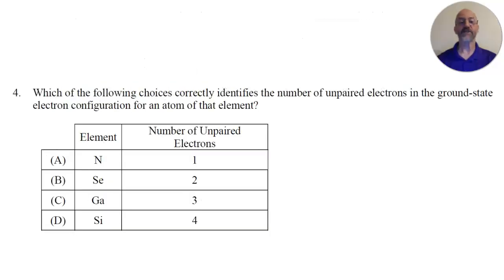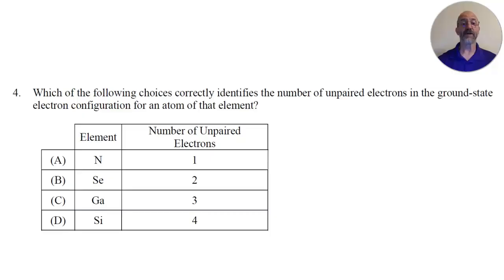Now let's move on to question 4. Question 4, which is a multiple choice question, asks, which of the following choices correctly identifies the number of unpaired electrons in the ground state electron configuration for an atom of that element? So we have nitrogen, N, selenium, Se, gallium, Ga, and silicon, Si.